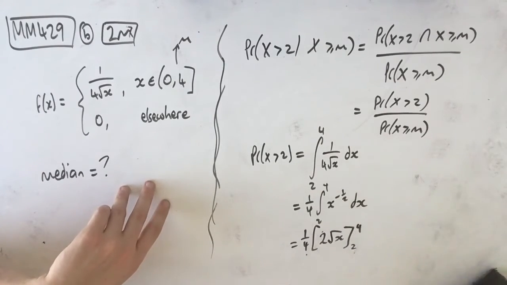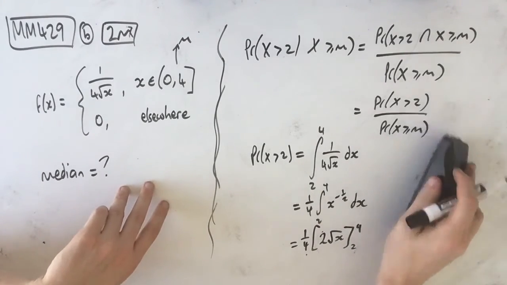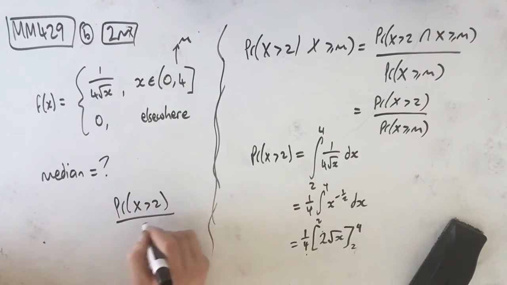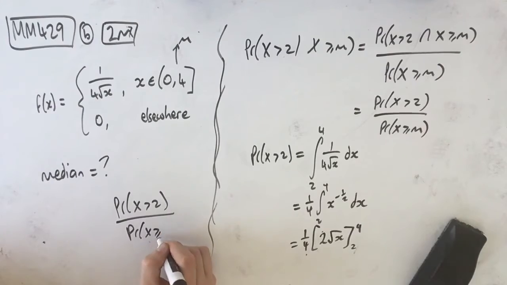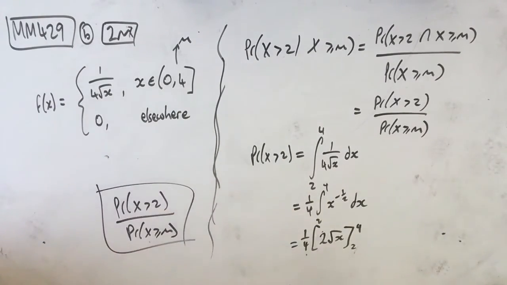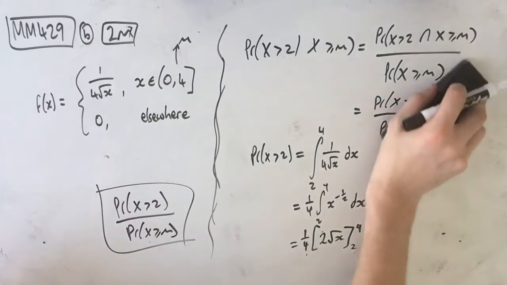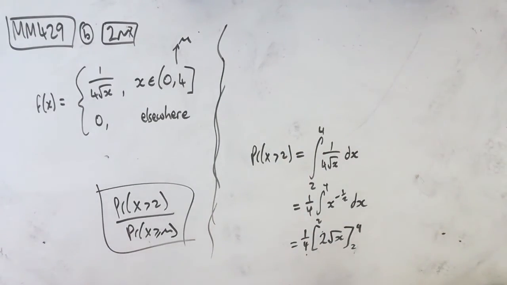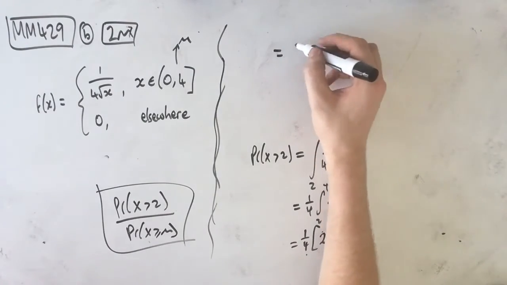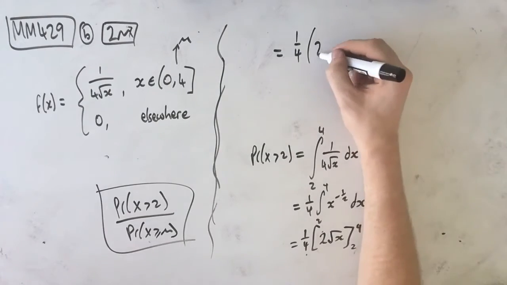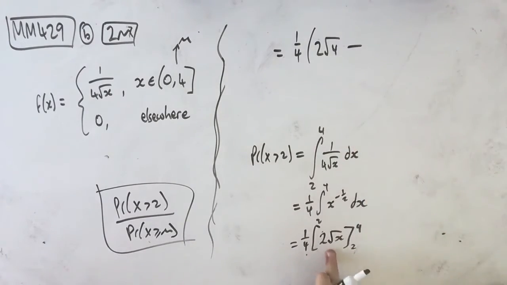Okay, I'm going to rewrite this just over here so we know what we're doing. This is what we're looking for at the moment. So now I'm going to just rub this out. And what we get is 1 quarter, 2 root 4 minus 2 root 2.